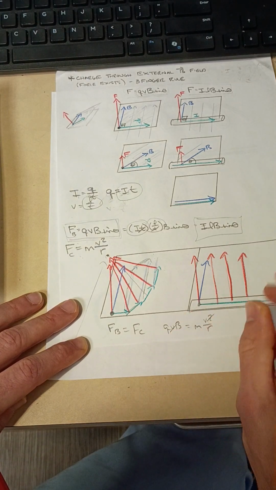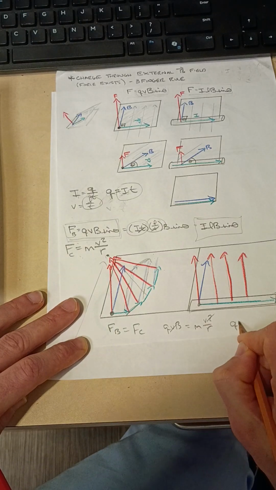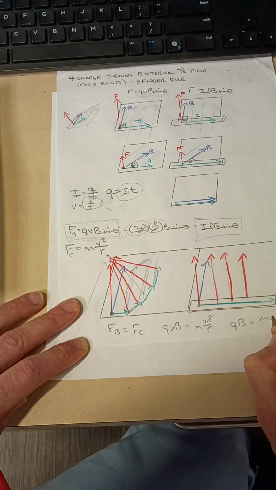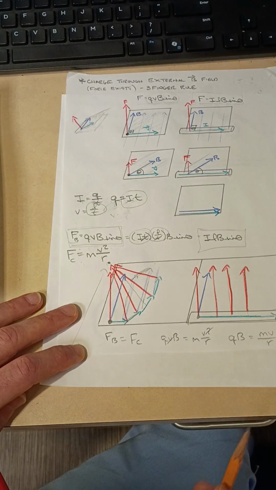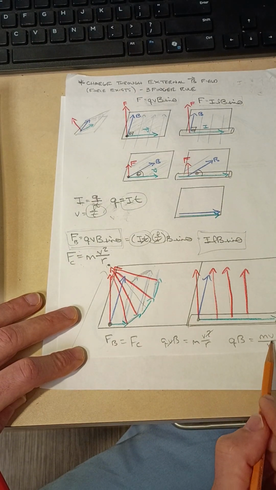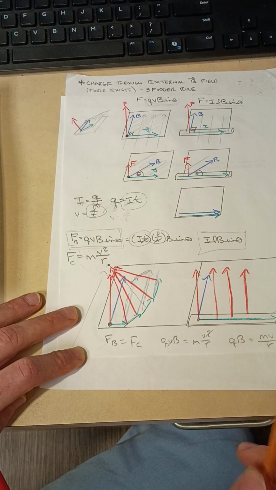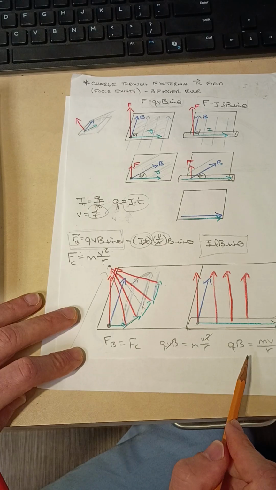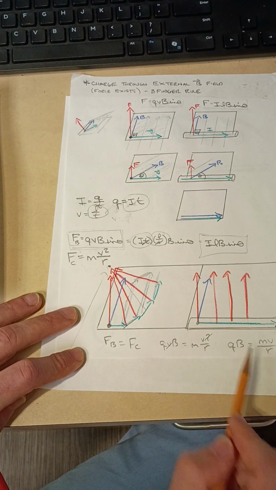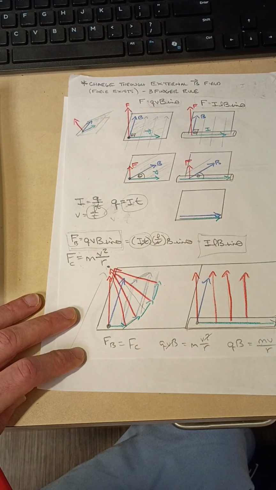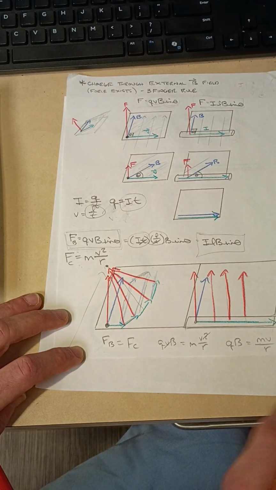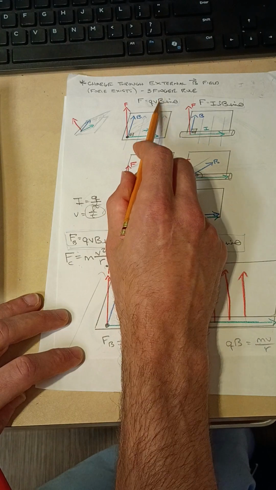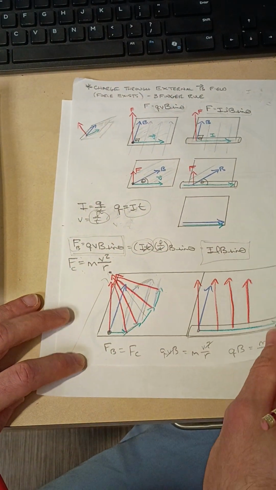This v cancels out with that v, and then you can say QB equals mv over r. Okay, and so if you know 4 out of the 5 variables, you can solve for the last one, right? If you know Q, B, R, and V, you can solve for M. If you know Q, M, V, and R, you can solve for B, right? So that's just some situations you might see when it deals with the 3-finger rule and the Lorentz force.